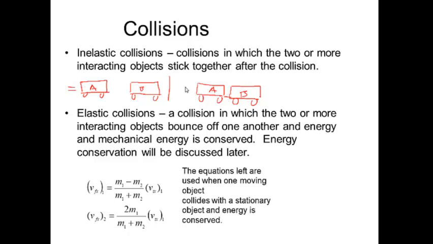They are joined together. Because this object was moving to the right, and this was not moving at all, the momentum has to be to the right after the collision.